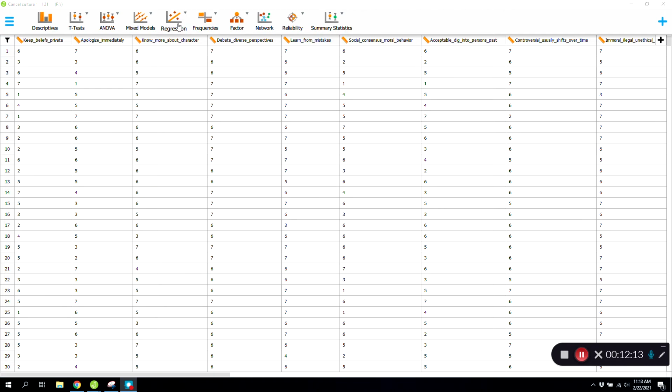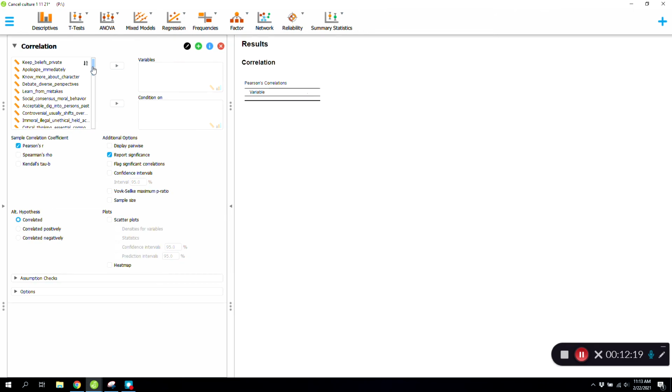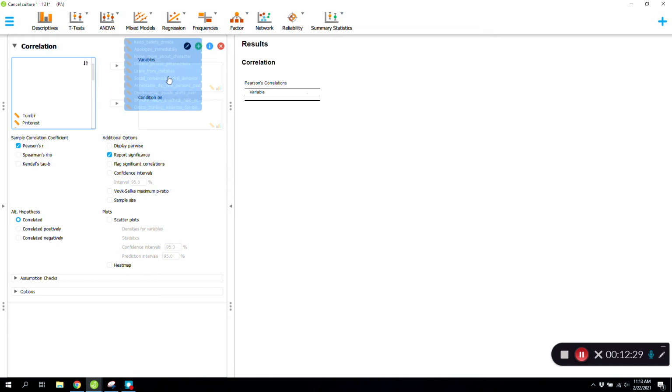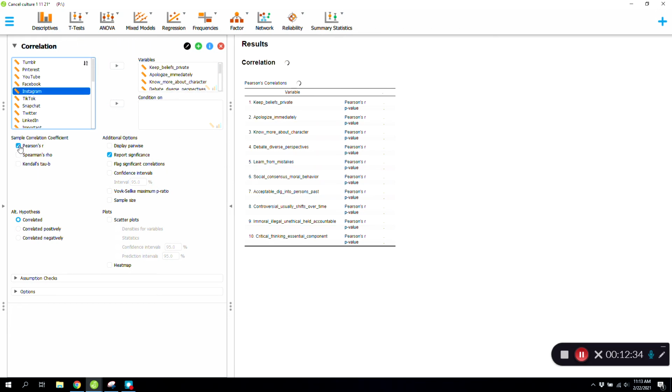So here's regression. Click that in JASP, regression, and then hit correlation. In this one, let's go ahead and move the 10. This was a cancel culture study that I did with a class, and it's 10 items, so it'd be similar to our 10 items, and I'm going to move those into variables. And here you go, Pearson's r should be checked, and display pairwise.